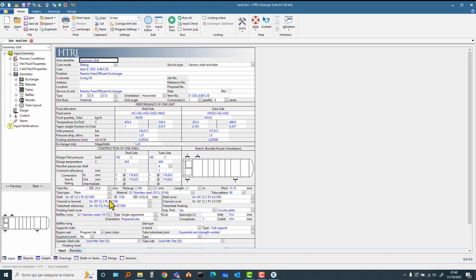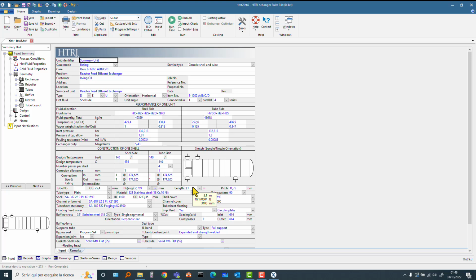It has a non-specified tube number. Only the diameter has been specified, 1100 millimeter. And then the tubes are 1-inch tubes, here, 25.4, 1-inch tubes, thickness 2.77, length is 3.1 meter.